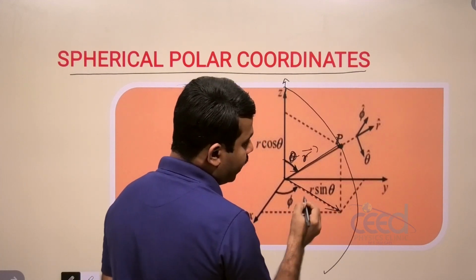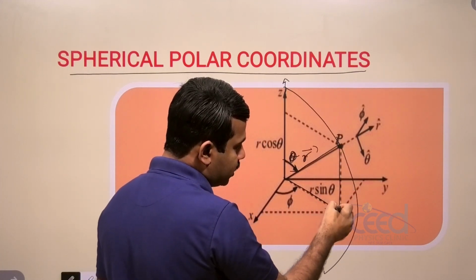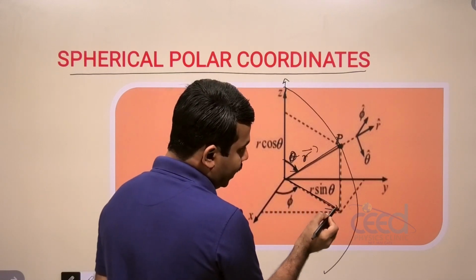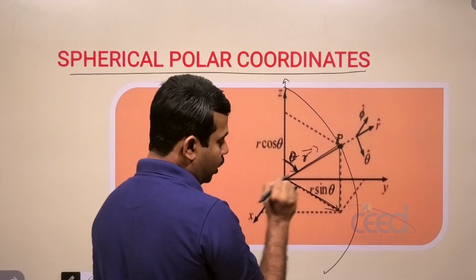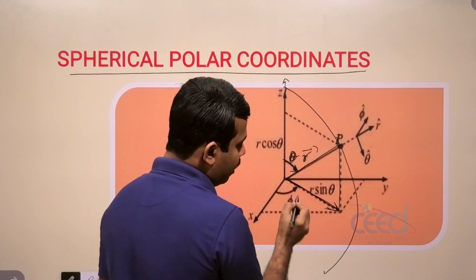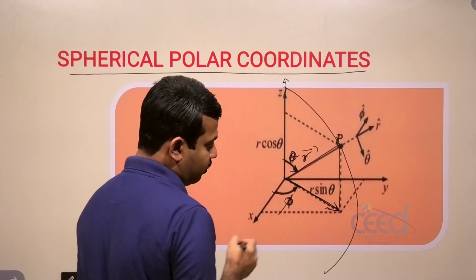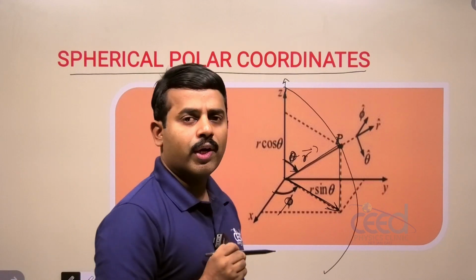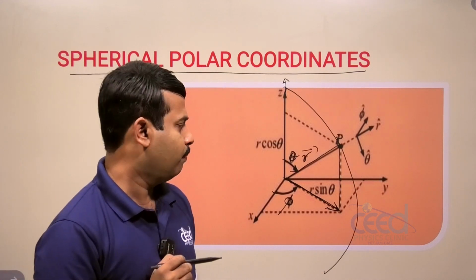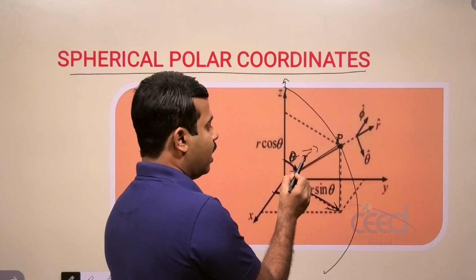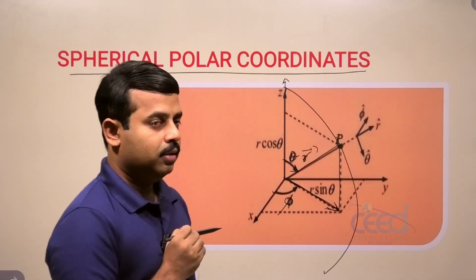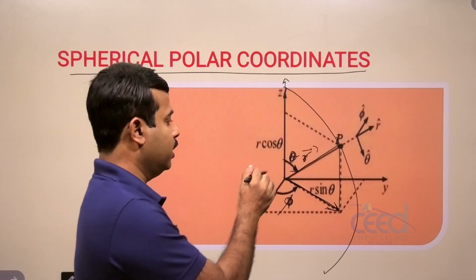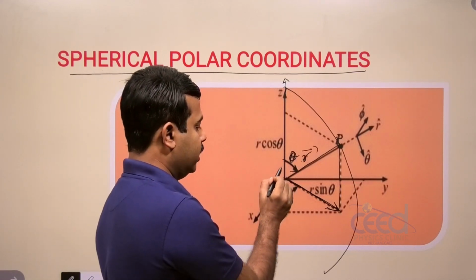Then see this angle phi. Suppose you draw a perpendicular from the point P; that perpendicular makes an angle phi with the x-axis. Now think about it: if you consider a point on the surface of the sphere and give the values r, theta, phi, only one point can be represented by a unique r, theta, phi.